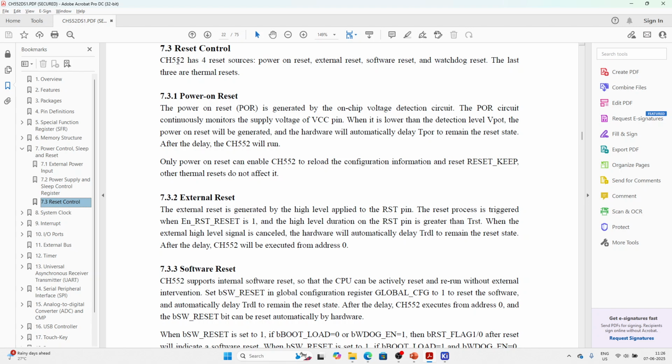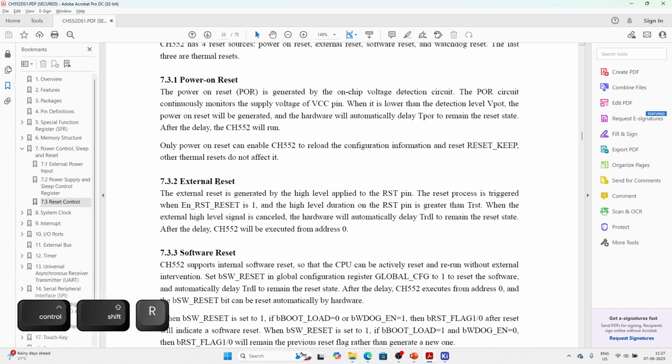Reset control has 4 reset sources: power on reset, external reset, software reset, and watchdog reset. Power on reset is when the chip gets power initially. External reset is what we'll be concentrating on because that requires external components.